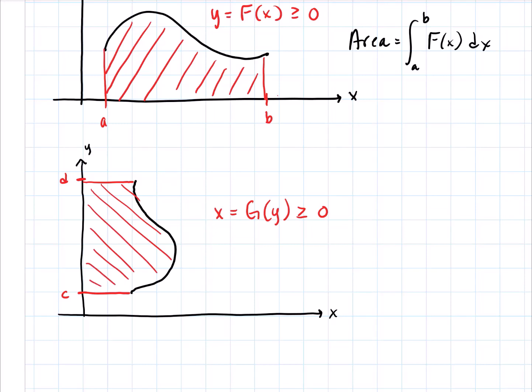And we just said we could find that area simply by constructing our rectangles for the Riemann sum along the y-axis. We could find that area as the integral from c to d of g of y, integrating with respect to y. So we're going to extend those exact concepts and talk about what if that same curve was defined parametrically? If that same curve was defined parametrically, the same concepts can apply.